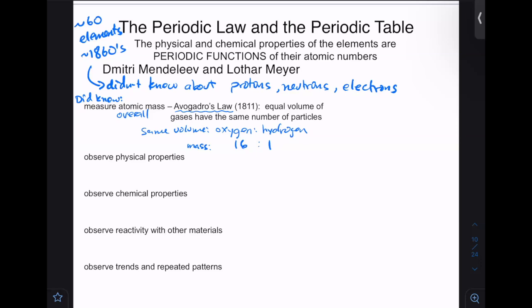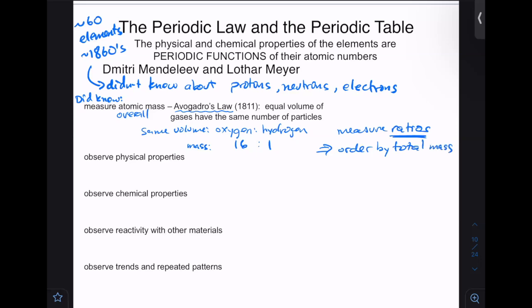So they can measure those ratios. And from those ratios, they could order them based on mass. So ratios give you order by total mass.